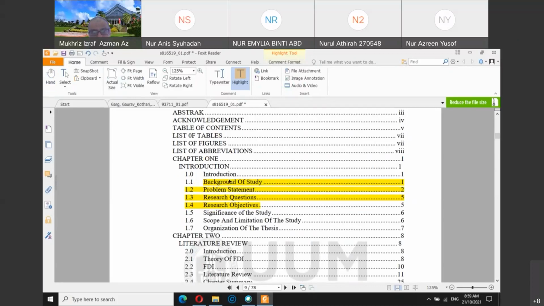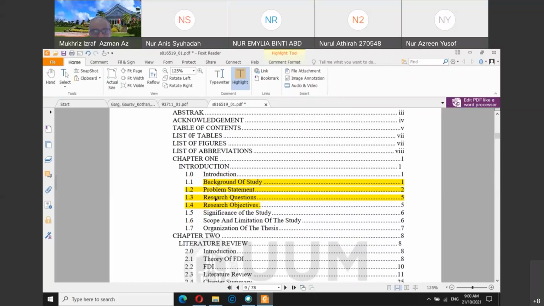Okay, so these 4 are like one continuous section. Once you develop your background properly, then you should be able to establish your problem statement. And once you have clearly identified what the problem of the project is, I mean, the issue that you are interested to investigate in the problem statement section, then you can outline your research questions.